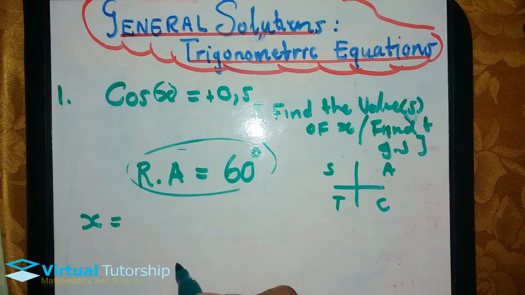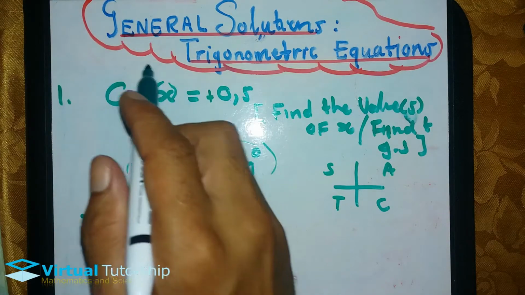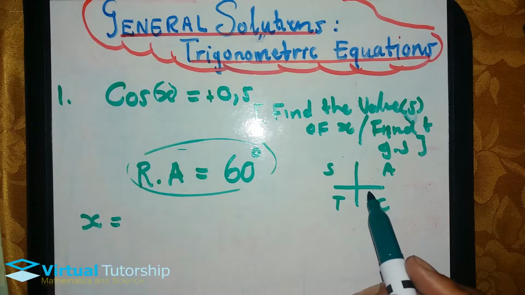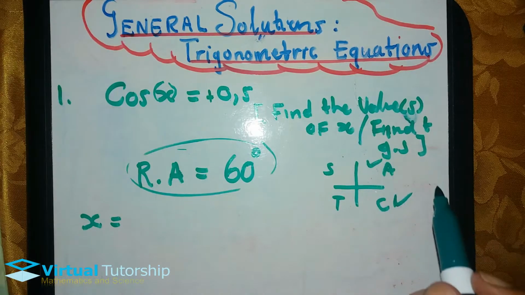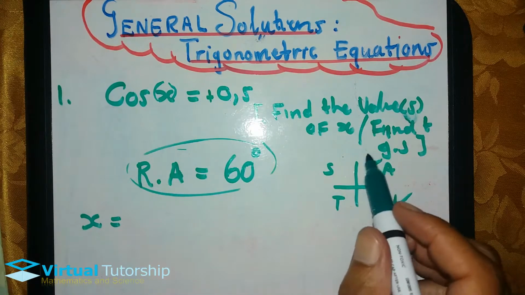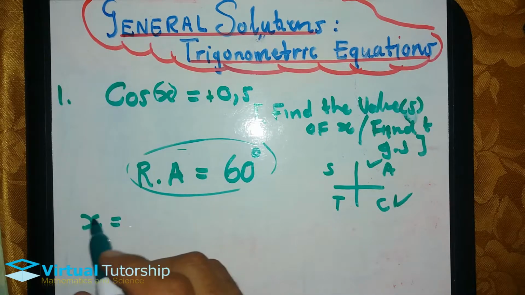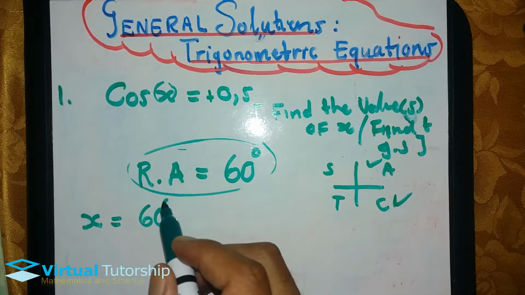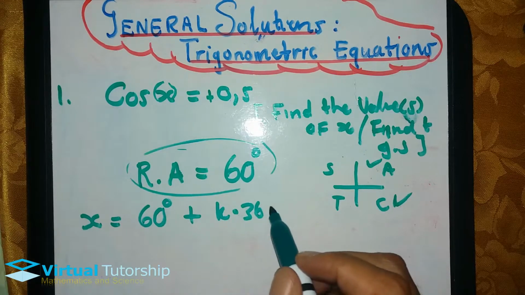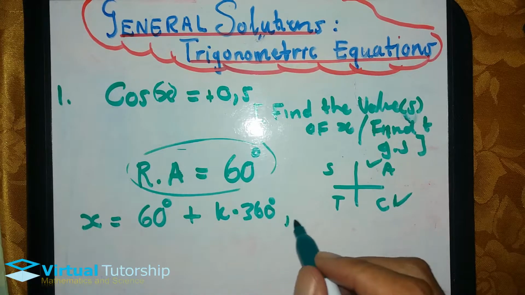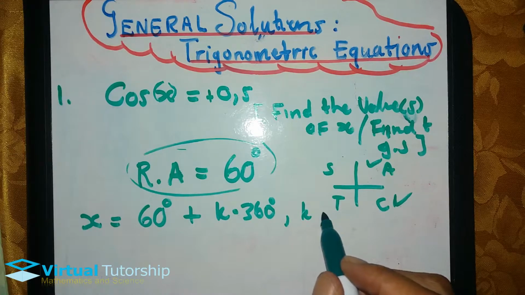The 0,5 is positive. So bese uyazibuza ukuthi yikuphi la cos positive khona. It's fourth quadrant and the first quadrant.